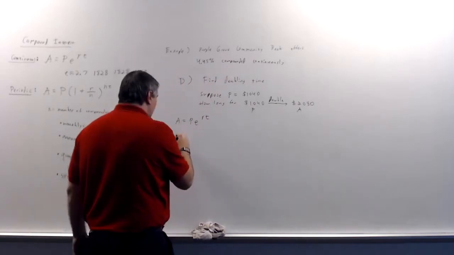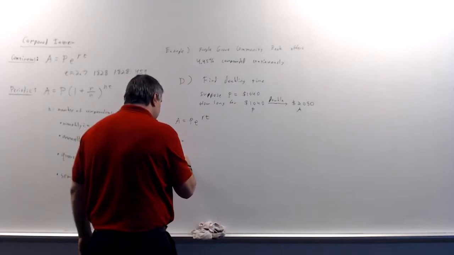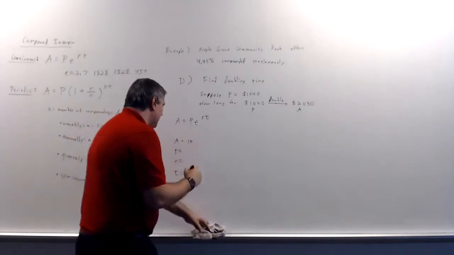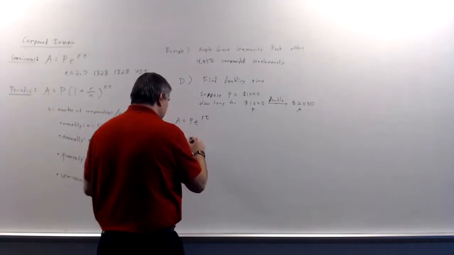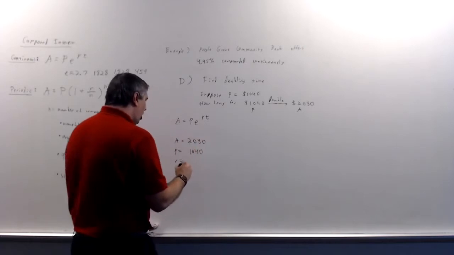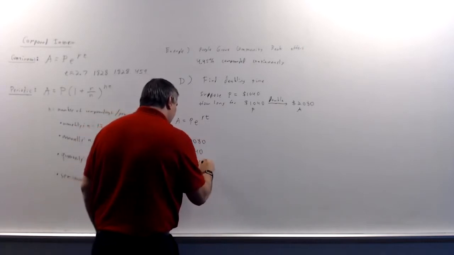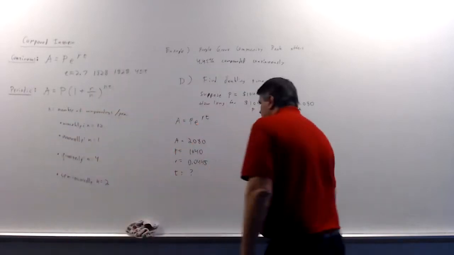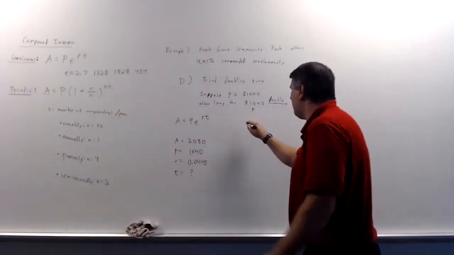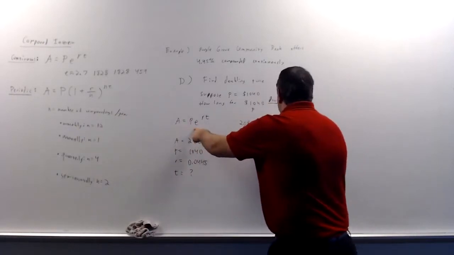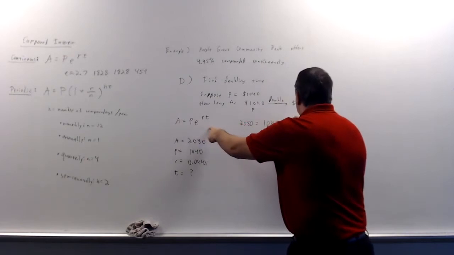So A is 2080, P is 1040, r is 0.0445, and t is, I don't know. That's the question. So I want to know how long for 2080 to become equal to 1040 e to the 0.0445t power.